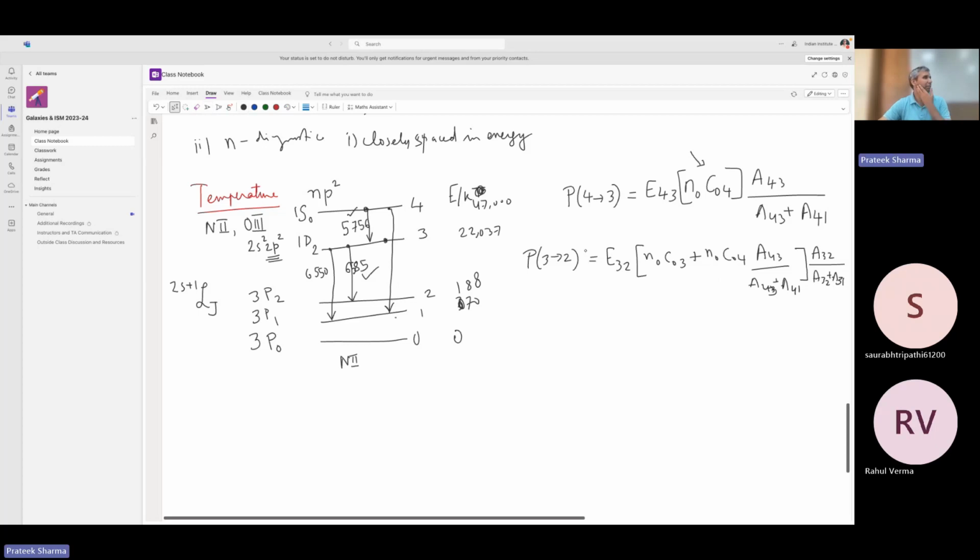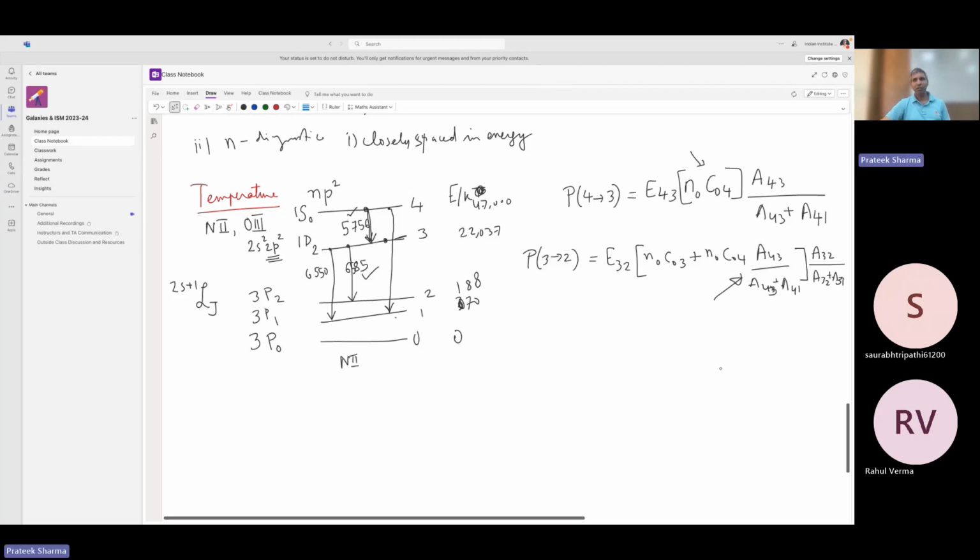So this is what the line emission will be proportional to. This level can be populated not only by collision, but also by this transition.